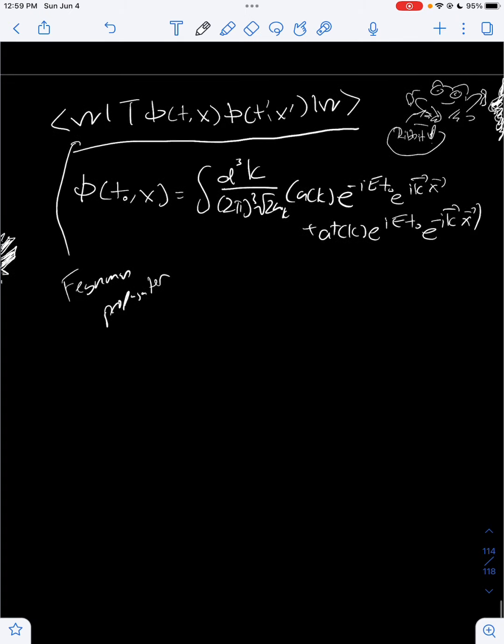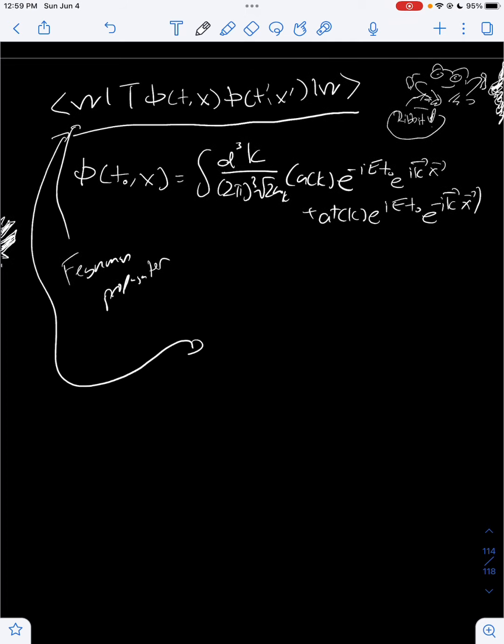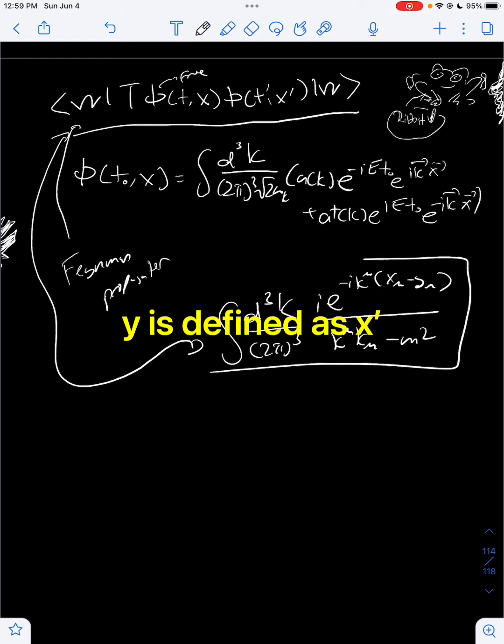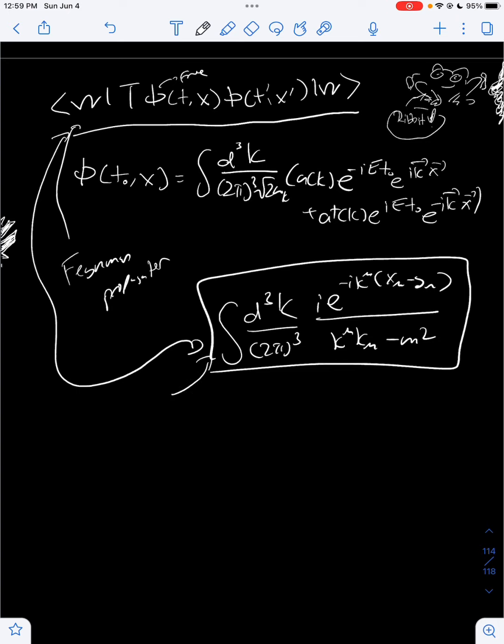But that was for free field expressions. If phi is free, it's going to be equal to something like this. This thing over here is going to be a Green's function of the Klein-Gordon equation. So if you plug this into the Klein-Gordon equation, you would get a delta function as a result.